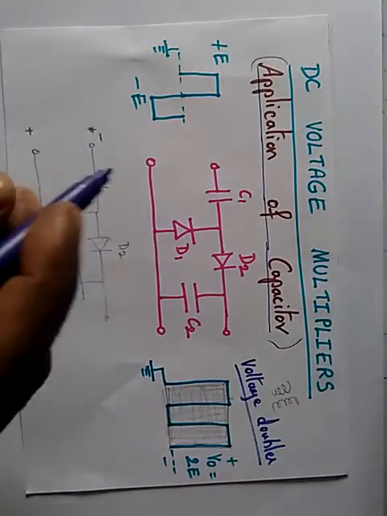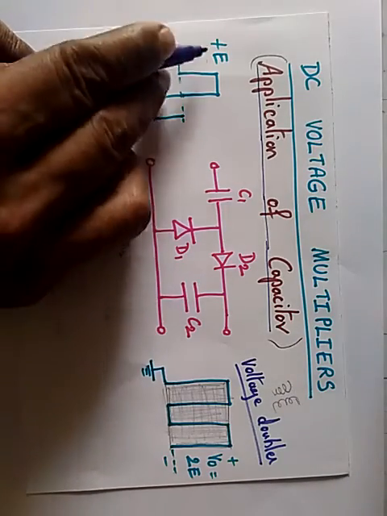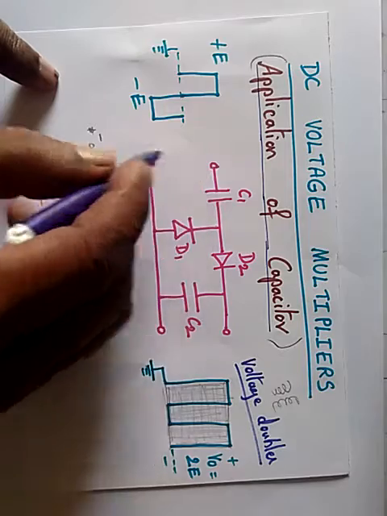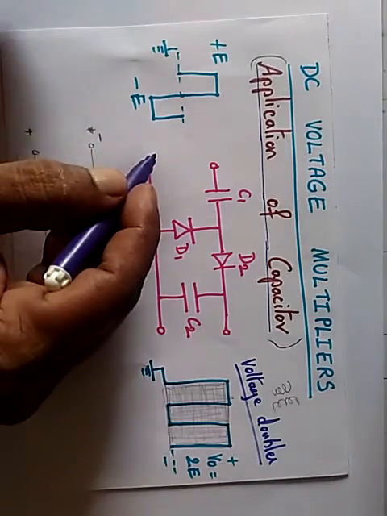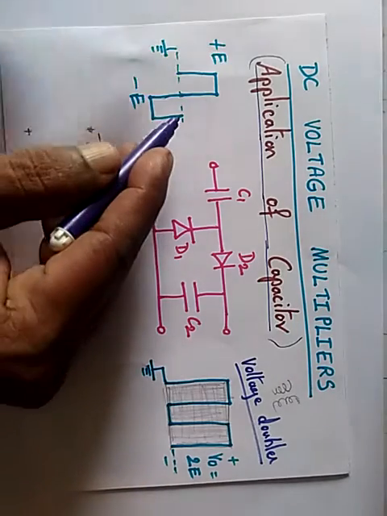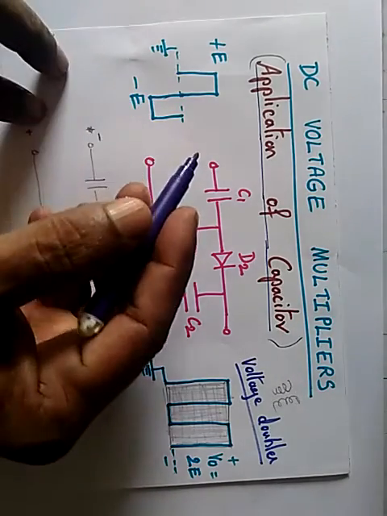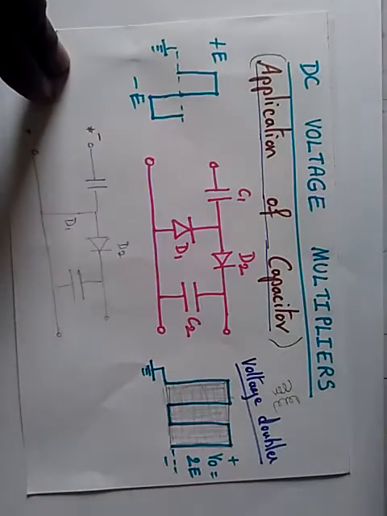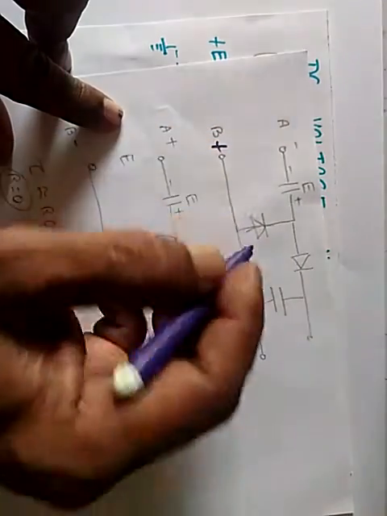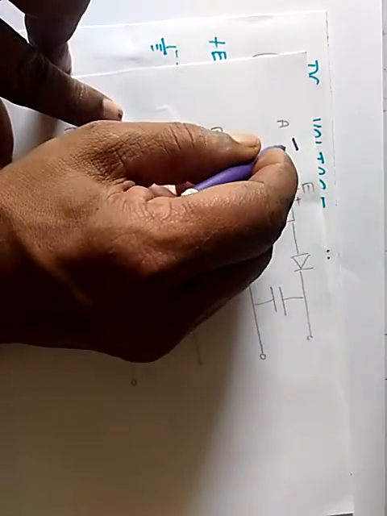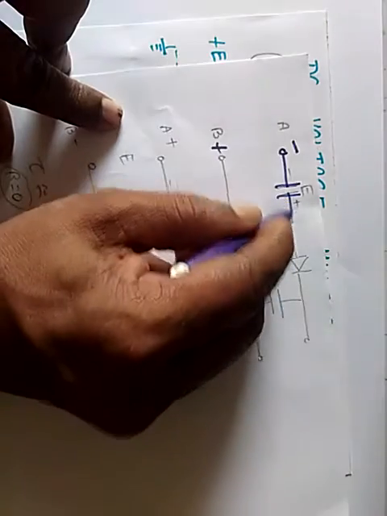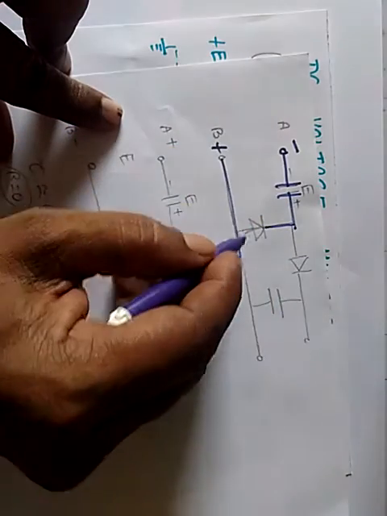Assume initially this end is positive and this end is negative. But then you forget about the positive cycle. Assume that the input starts from minus E. That means this end is positive and this end is negative. So you have the capacitance, you have the diode here.